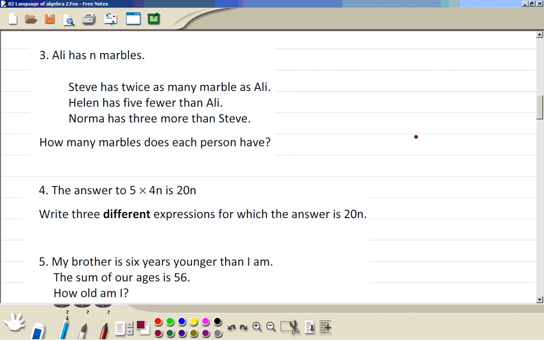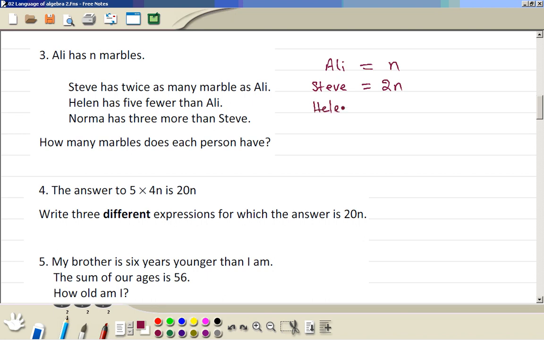Number 3, so Ali has n marbles. So we start with Ali. He's got n marbles. Steve has twice as many, that means 2 times n.